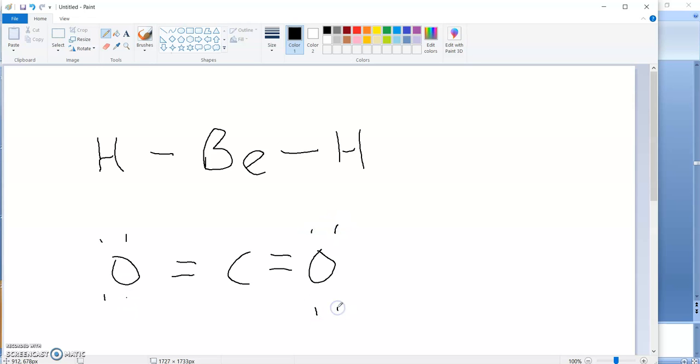There's double bonds there. Now, in reality, of course, 2, 4, 6, 8 electrons on carbon. So you think 1, 2, 3, 4 pairs. Normally that's correct. Normally that makes sense. But for the purposes of VSEPR, each double bond counts as only a single thing.